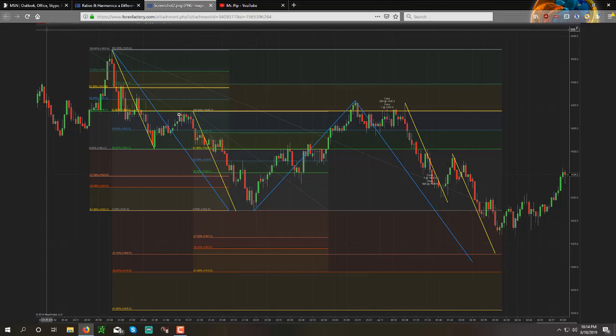So assuming that this was a proper correction, you did have an expectation failure here, and you should have been looking for longs. But if you were harmonically in tune with the market, you didn't really have a short opportunity here, but you did have a D entry here. And then you had that reached target. You also had an ABCD completing up here, which got you in the short here, with a very basic expectation of a deep correction.